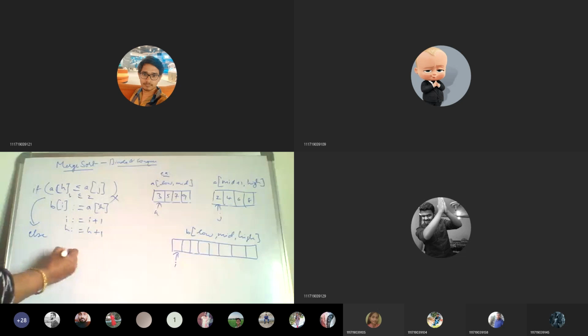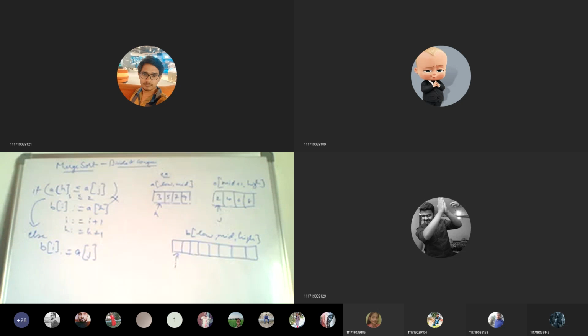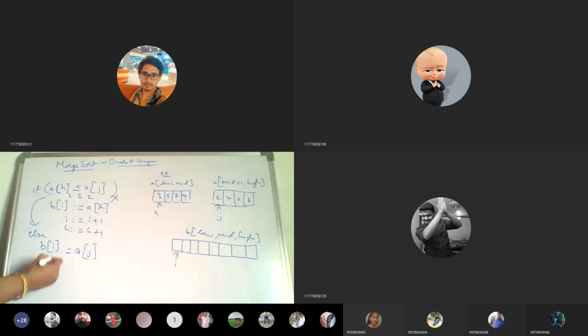In the else part, whichever is the smaller element, where do we have it? A of J is the smaller element, so I assign that smaller element into B of I. Once that is assigned, we have to do I is equal to I plus 1 and J is equal to J plus 1.